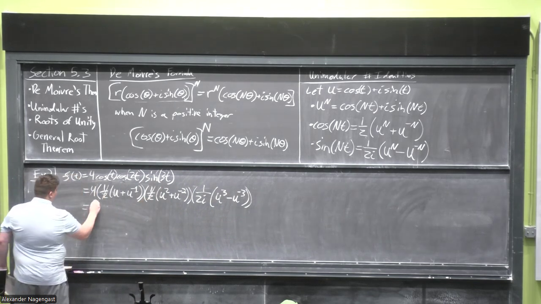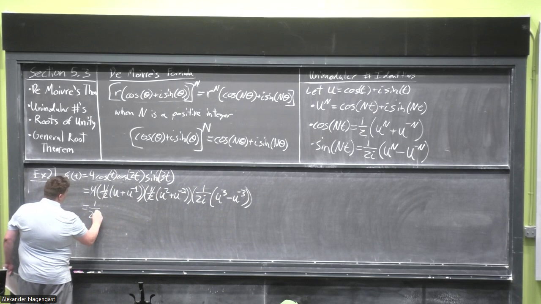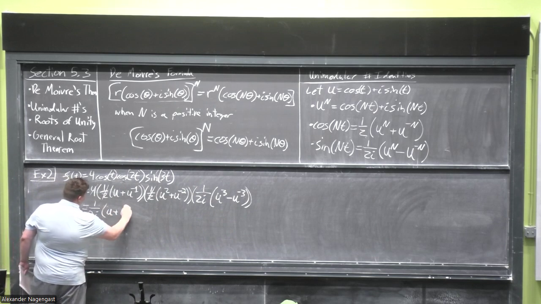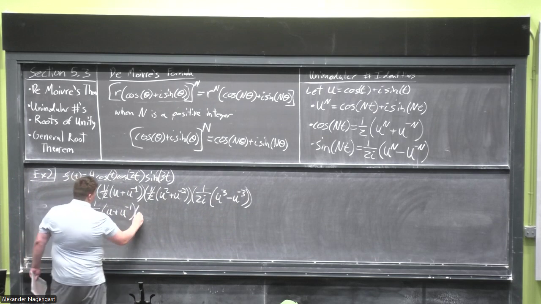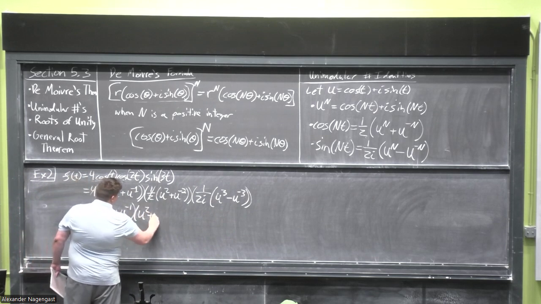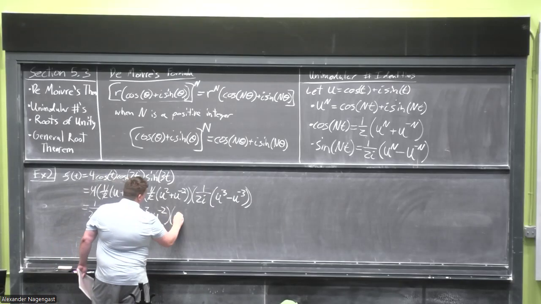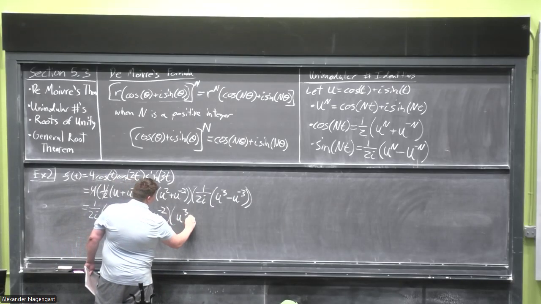So we're left with 1/2i times u plus u to the negative first, times u squared plus u to the negative 2, times u to the third minus u to the negative third.